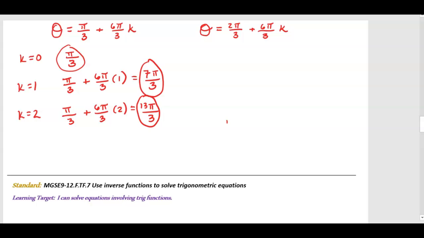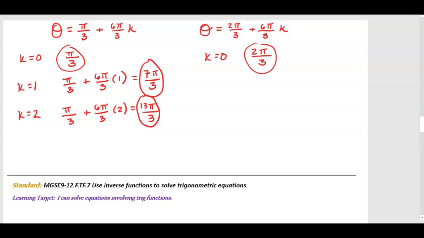Okay? Now, if it just says find 6 solutions, you can just continue using only the one general rule. It doesn't say use one general rule to generate 3 solutions and the other general rule to generate 3 more. It just says find 6 solutions. So you could continue, but I want to find a few from each. So if k is 0, I get one solution that's just 2 pi over 3.